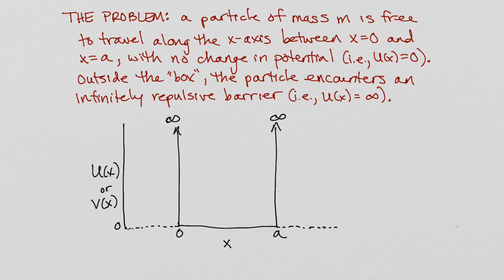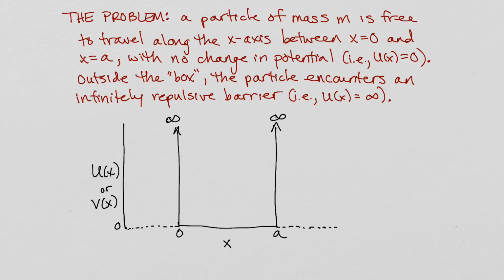When the particle is inside this box, we will assume that the particle does not experience any change in potential. So that means our potential energy inside the box is 0. Our u of x is 0 inside the box.